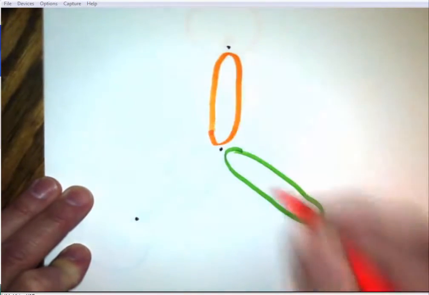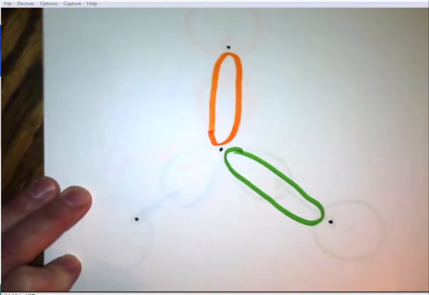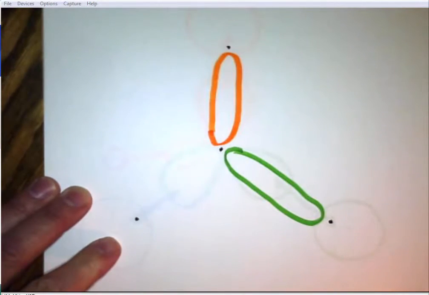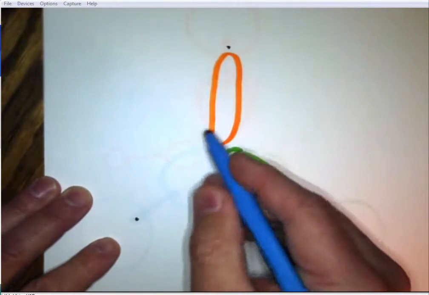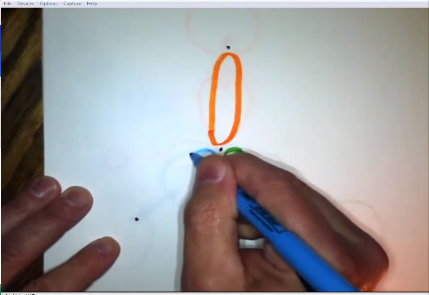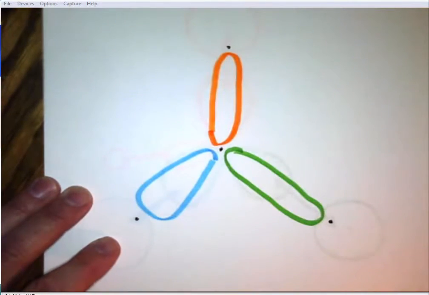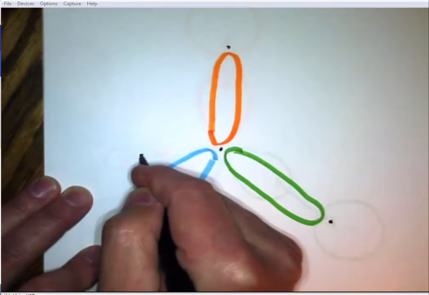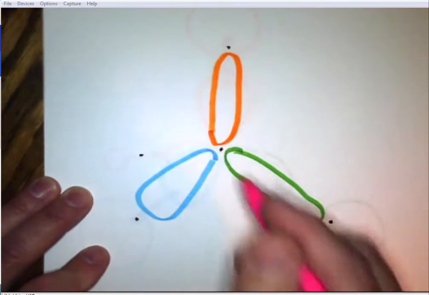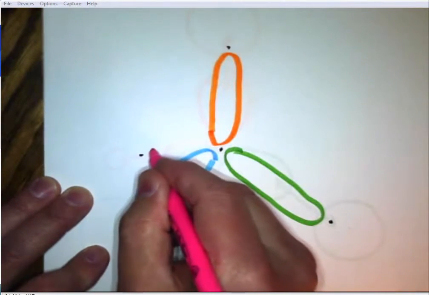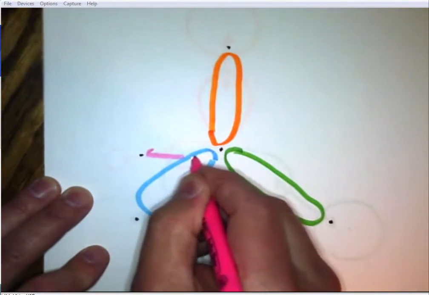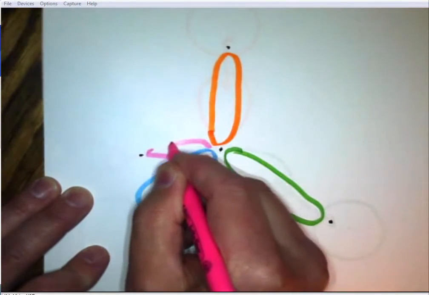Okay. The bond that's coming out toward us, I want to show that in perspective. Those of you who've taken art, you kind of have an idea of what I'm talking about. Okay. And the one going back here, all right.